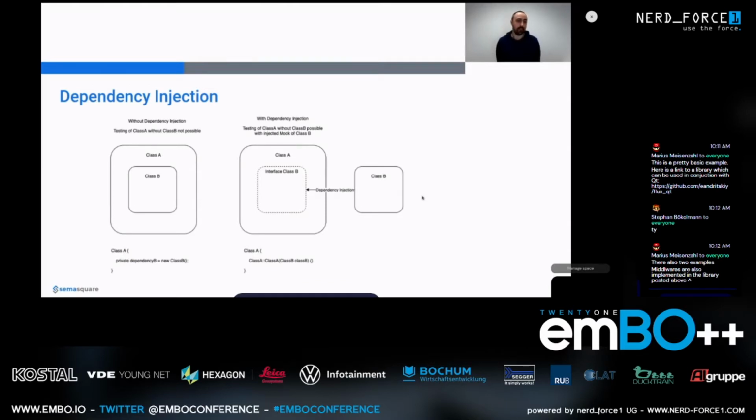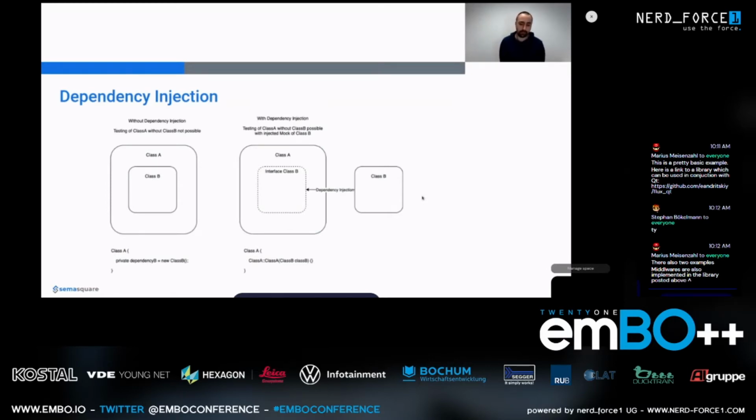Without dependency injection, testing of class A without class B is not possible. But with dependency injection, testing of class A without class B is possible with an injected mock of class B. So here you see that you don't have to pass over class B in its entirety.